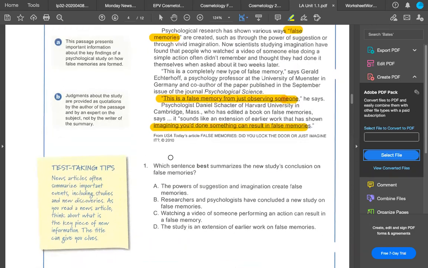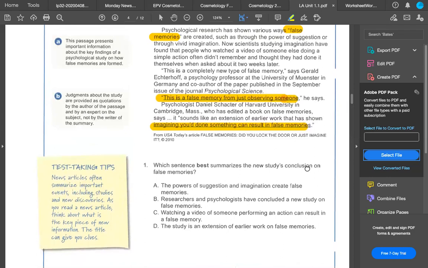All right, so which sentence best summarizes the new study's conclusion of false memories? A: The power of suggestion and imagination create false memories. Or B: Researchers and psychologists have concluded a new study on false memories. Or C: Watching a video of someone performing an action can result in a false memory. Or D: The study is an extension of earlier work on false memories.